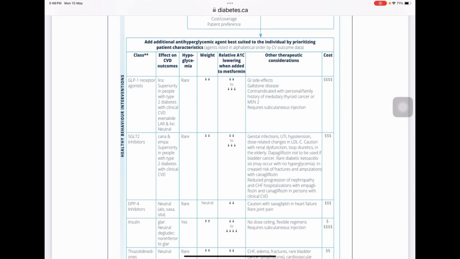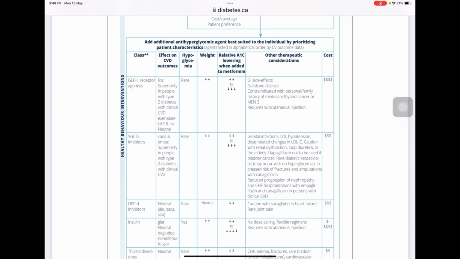Okay, so GLP-1 receptor agonists are liraglutide, exenatide. These are the drugs. Now what are the side effects? Side effects are gallstones, and contraindicated with personal or family history. Let's say they may give you a patient with a family history of medullary thyroid cancer or MEN2. You would not give a GLP-1 receptor agonist in those patients.